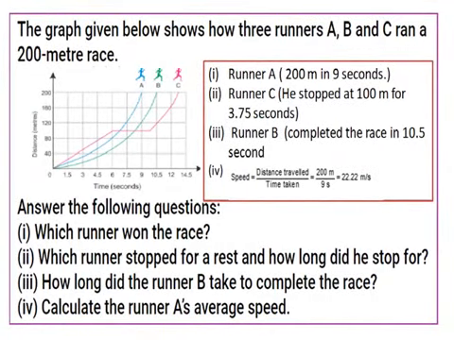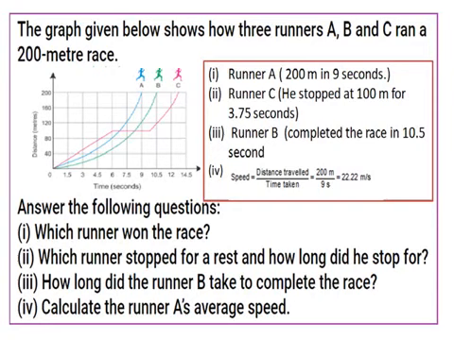Now let us see another question of the same kind which had appeared in the board examination. The graph given below shows how three runners A, B and C ran a 200-meter race.